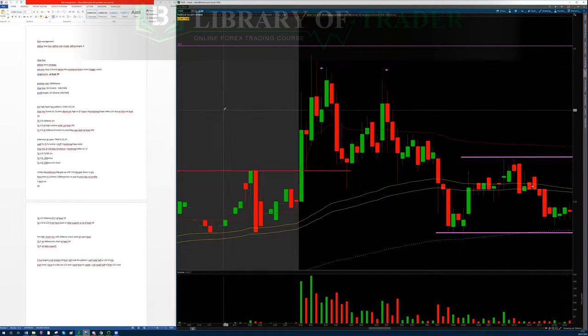Over here we have the price pushing, pulling back, a secondary push, pulling back, and we can see over here that we start having inside bars.